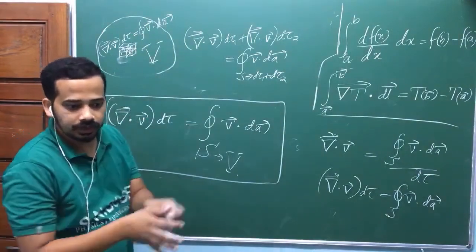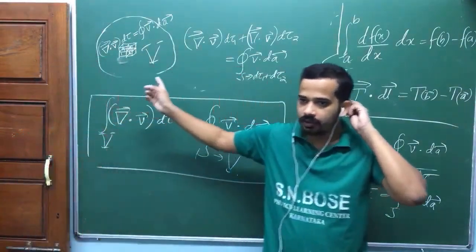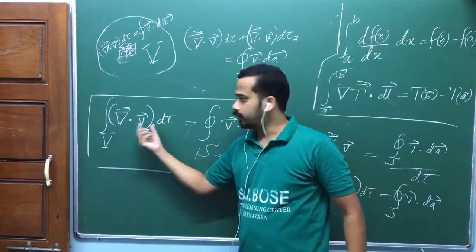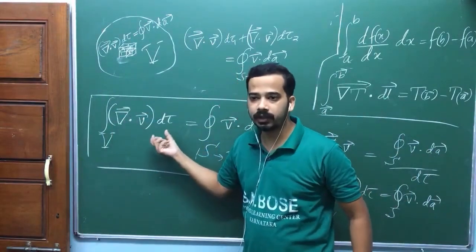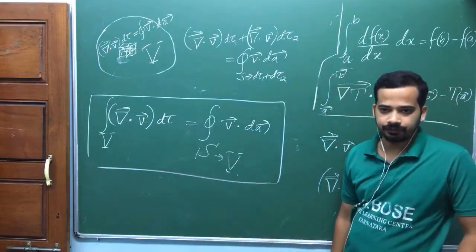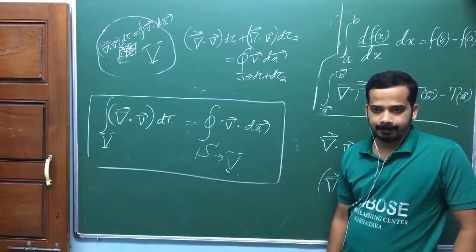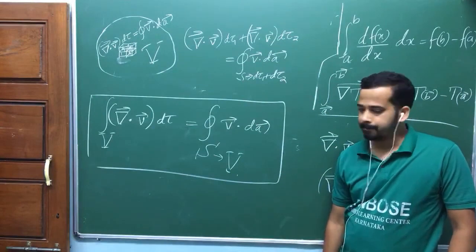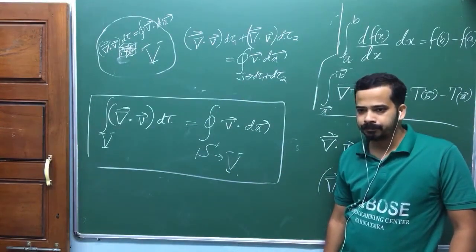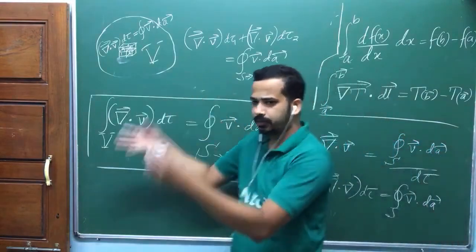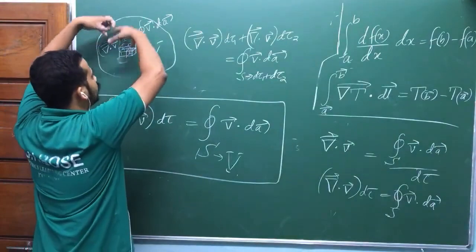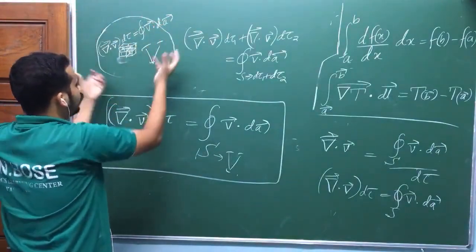Don't take a big cube. These are infinitesimal cubes, because this divergence, again this dτ whatever I have taken, is an infinitesimal volume element. Is that okay? So sir, by taking the infinitesimal cube, we want to extend over the whole surface, sir. Yeah, again we are just building that cube up so that it covers the whole volume.